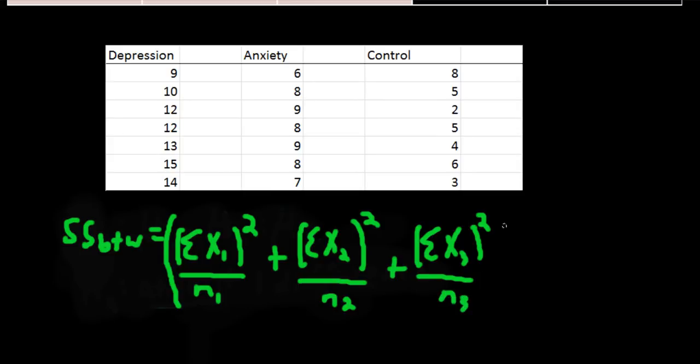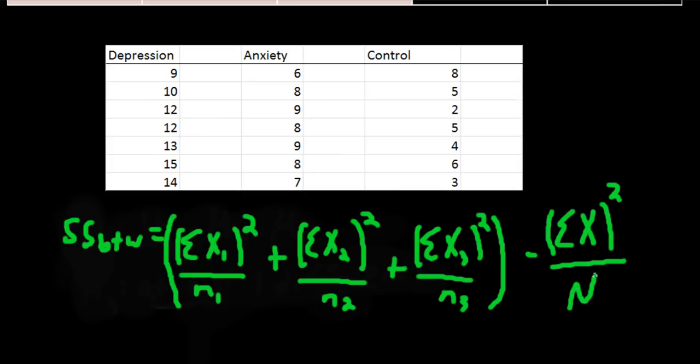There's only 3 groups here, but we'd keep going if there were more groups. And then finally we'll subtract the sum of all the scores squared over the total sample size.